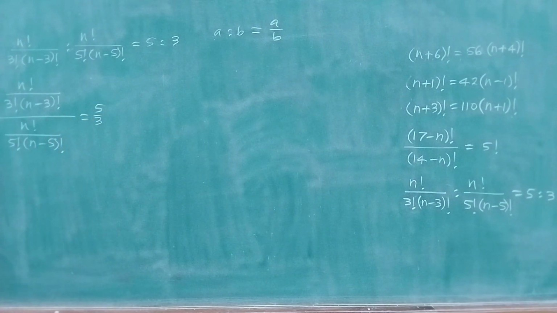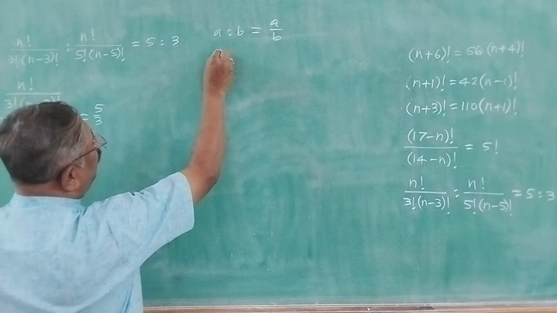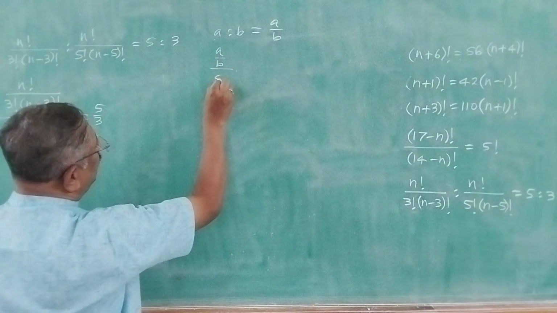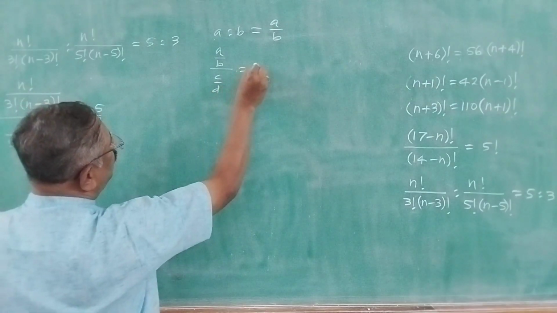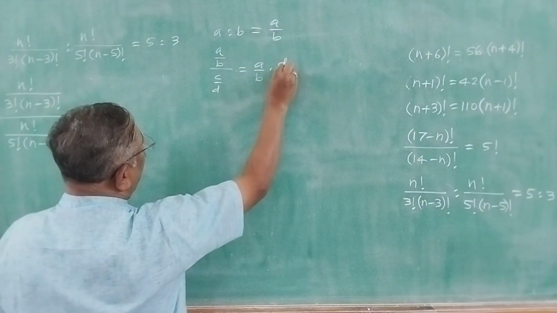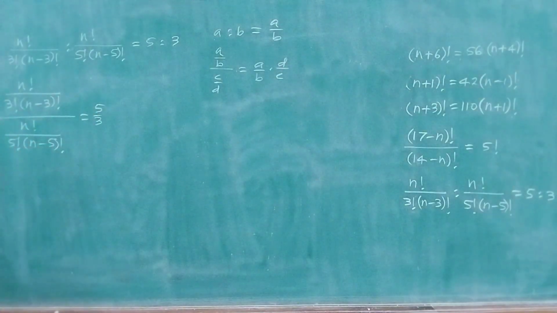One more. Whenever we have a upon b divided by c upon d, we write this as a divided by b multiplied by d divided by c. It means when the denominator shifts to the numerator, it will be in reciprocal form.